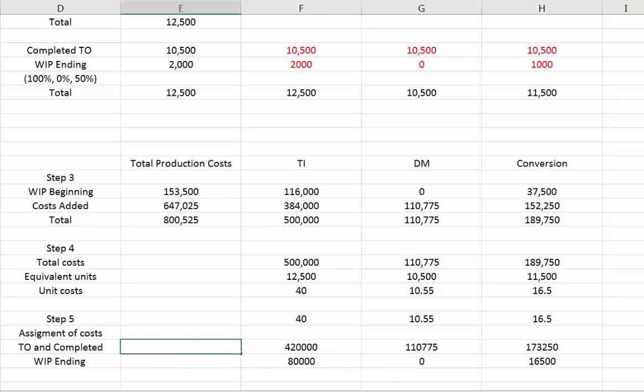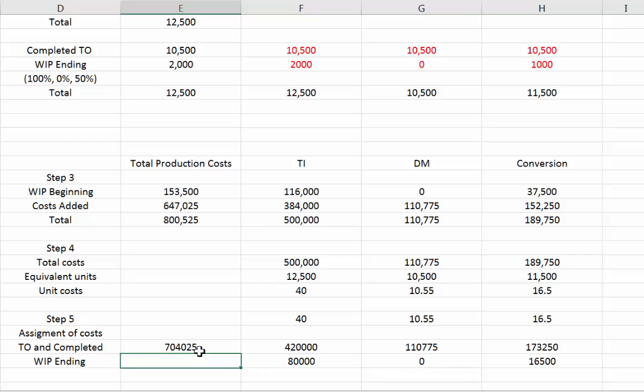So now you add all the 3 numbers in the TO and the completed row. Okay, and this will tell you that, okay, for $704,025, this is the amount of finished goods inventory that will receive. Okay, so basically post a debit of this amount to finished goods inventory.